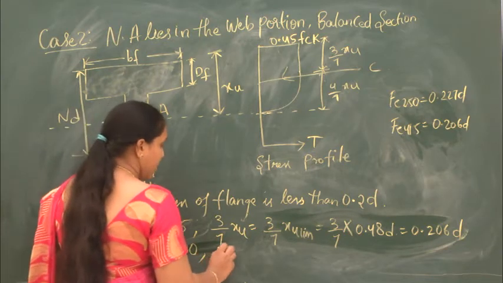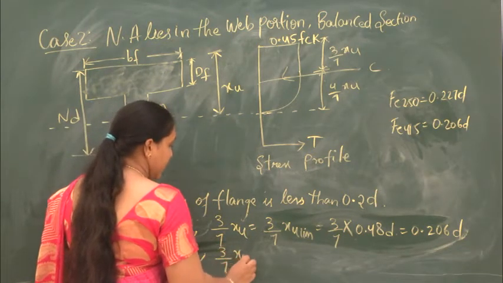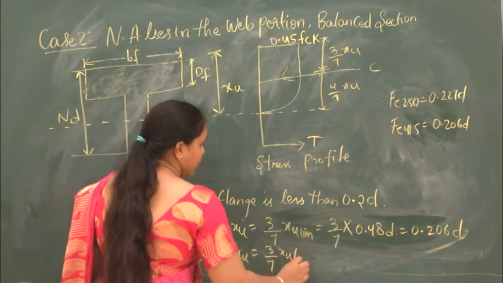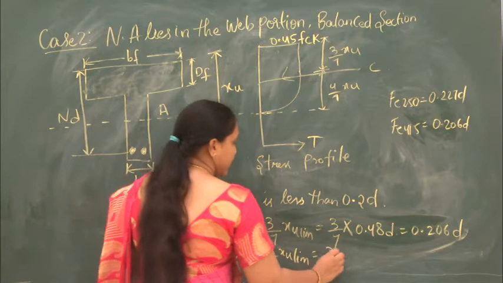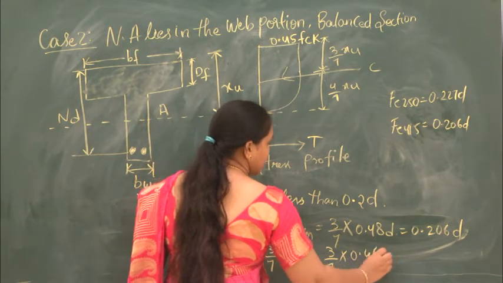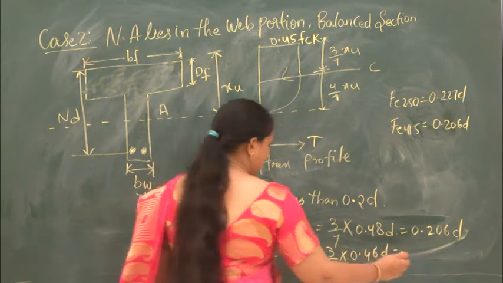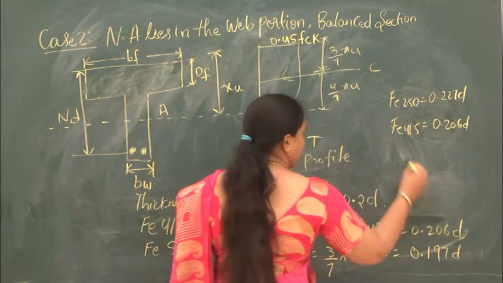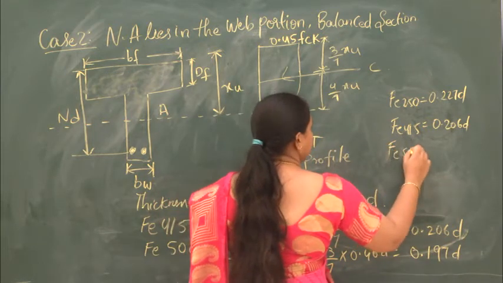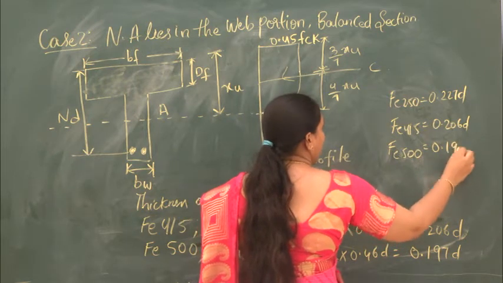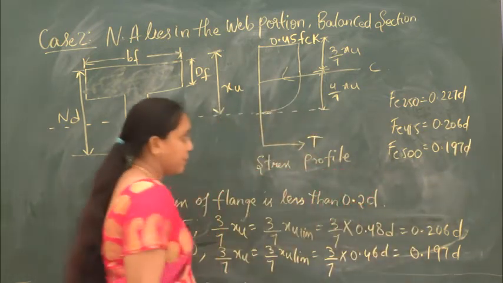For Fe500 also it will be 3/7 xu, 3/7 into the xu limit, which for Fe500 will be 0.46d, and here you are going to get a value of 0.197d. So for Fe500, the stresses in the concrete will be uniform up to 0.197d.